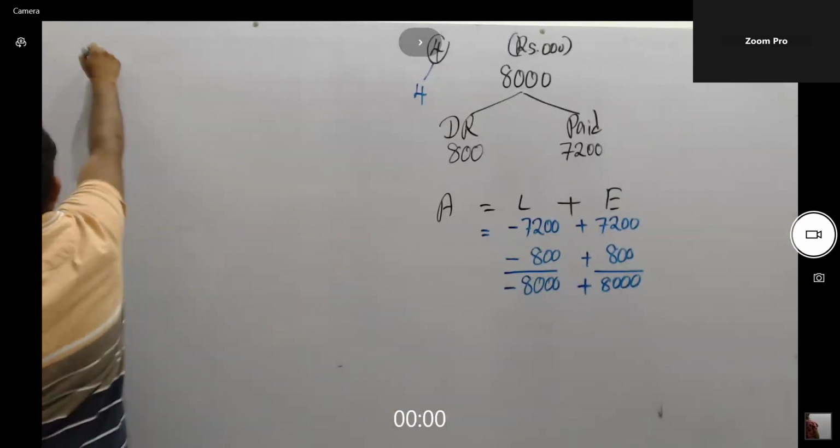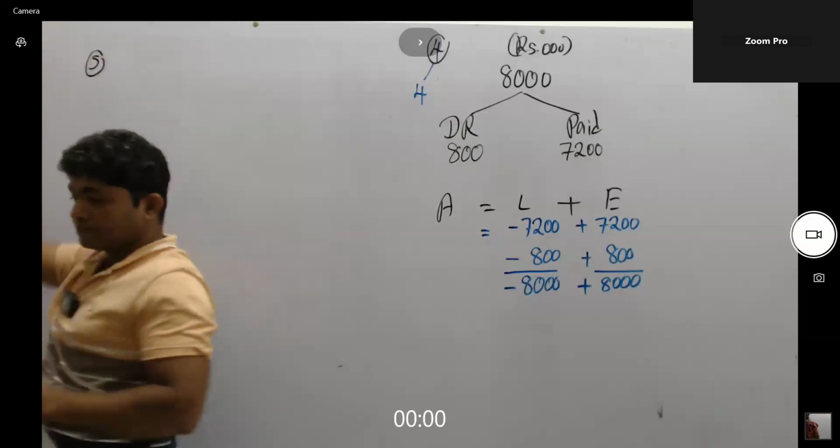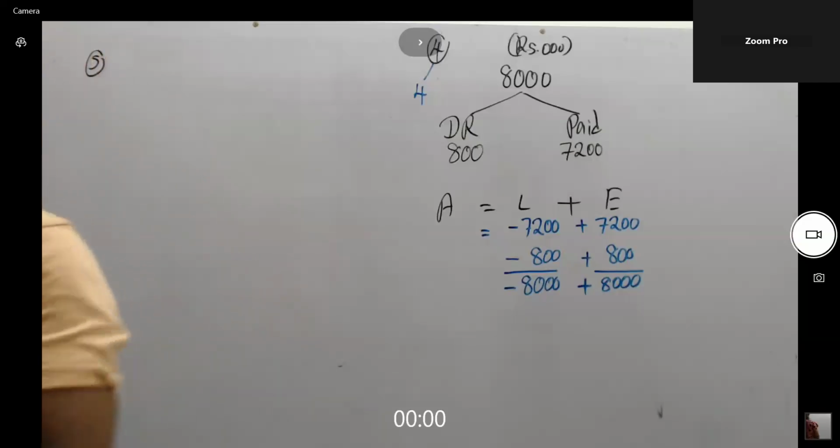You have to apply entity concepts. There are two transactions. First, paid for creditors by the owner, and second, discount received.